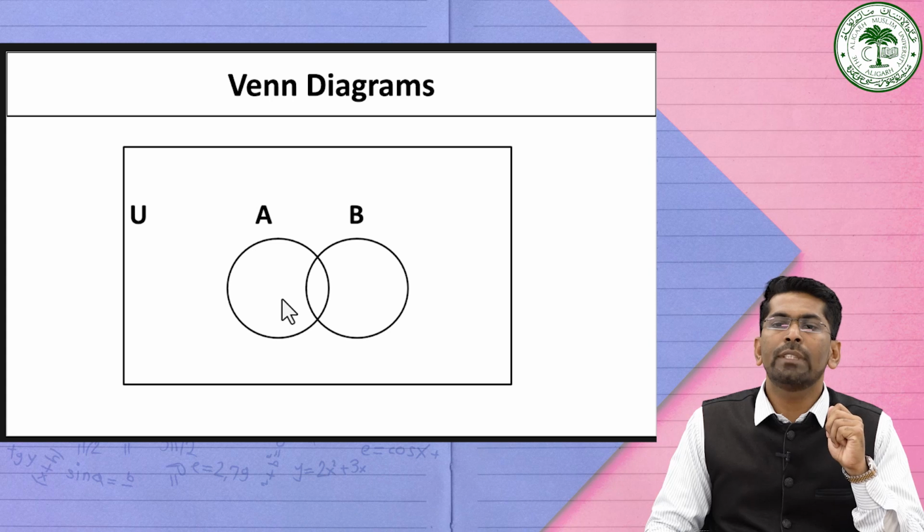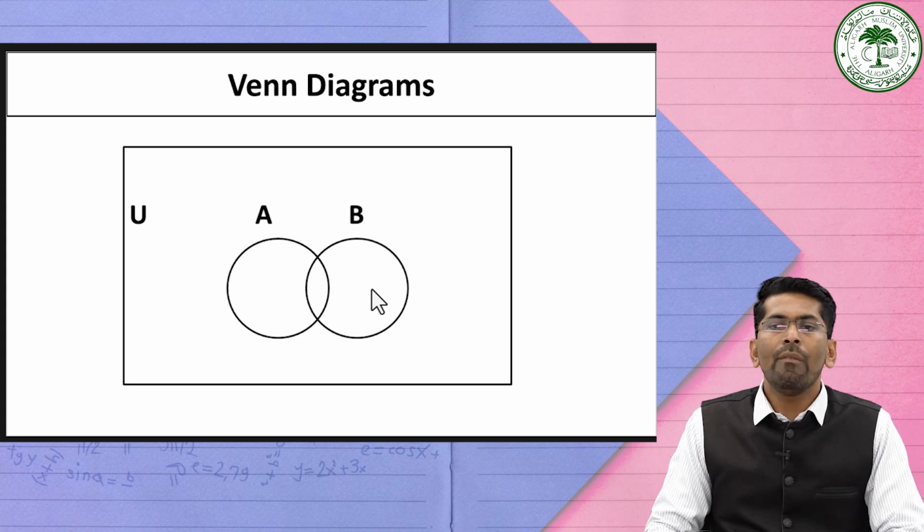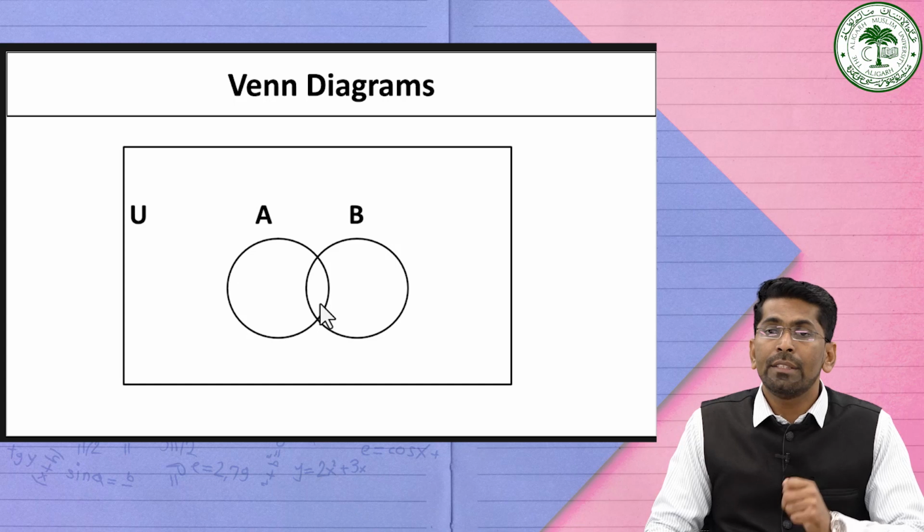And we have two sets here, for example, set A and set B. The overlapping region between the circles indicates the elements that are common to both sets. The degree of overlap, that means the width of the overlapping region, depends entirely upon the extent of shared elements.